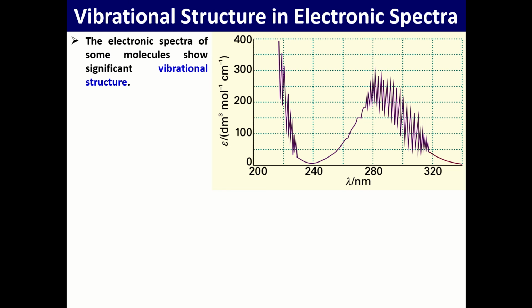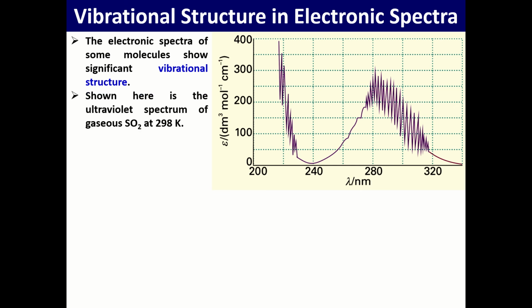In a well resolved spectrum we can have these kinds of spikes representing the vibrational transition occurring along with the electronic transition. So the accompanying vibrational transition is seen as spikes on top of the overall spectrum. That is your vibrational fine structure, the vibrational structure in an electronic spectrum.